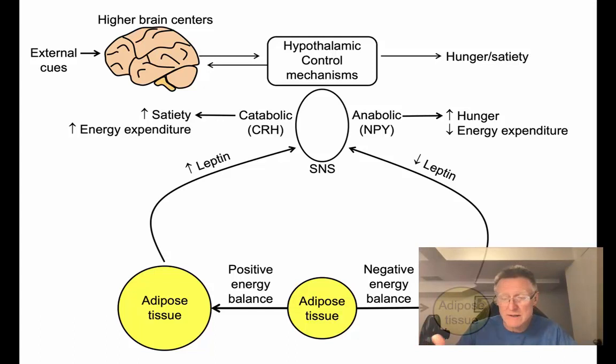This includes liver, heart, kidneys, skeletal muscle. All these different organs respond to a certain extent to the sympathetic nervous system, and this sympathetic nervous system can be activated when you have an abundance of energy in your body. So this is the side of the system that is regulated when you have a positive energy balance.